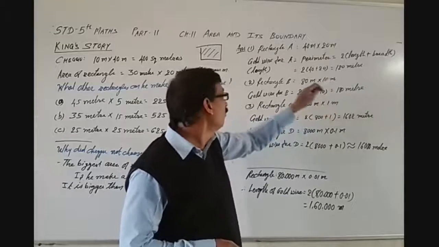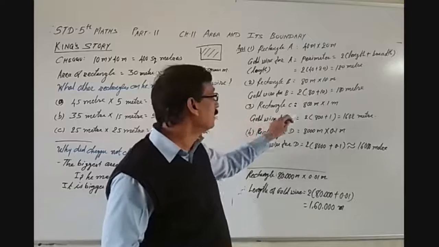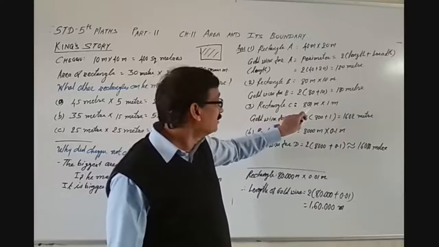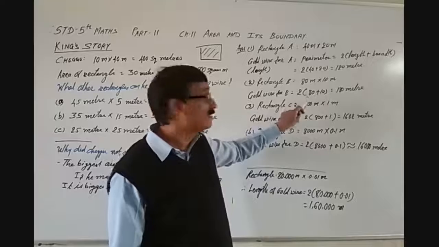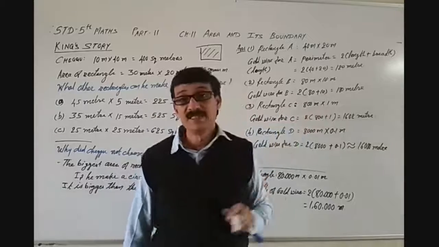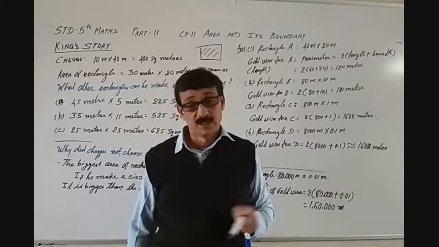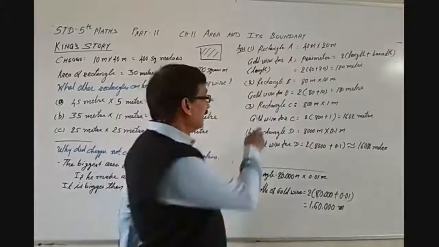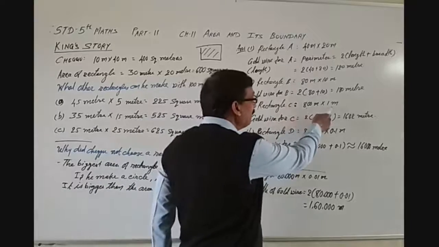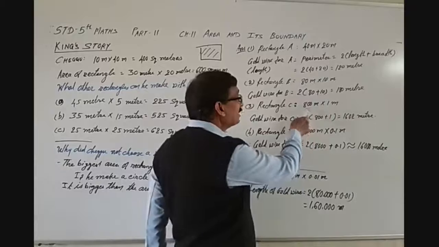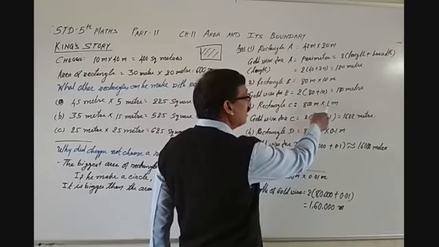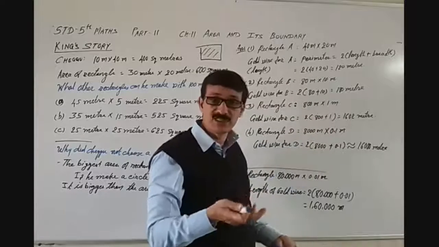Now let's think about rectangle C. Its length is 800 meter and breadth is 1 meter. See, the area for this rectangle is also 800 square meters. Why? Because 800 multiplied by 1 is equal to 800 square meters.